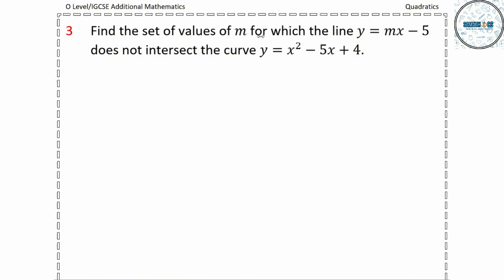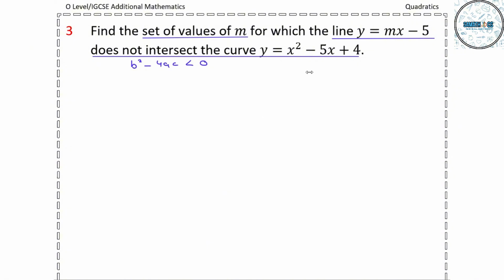Find the set of values of m for which the line y is equal to mx minus 5 does not intersect the curve y is equal to x squared minus 5x plus 4. Whenever it says the line does not intersect the curve, then we use b squared minus 4ac is less than 0.